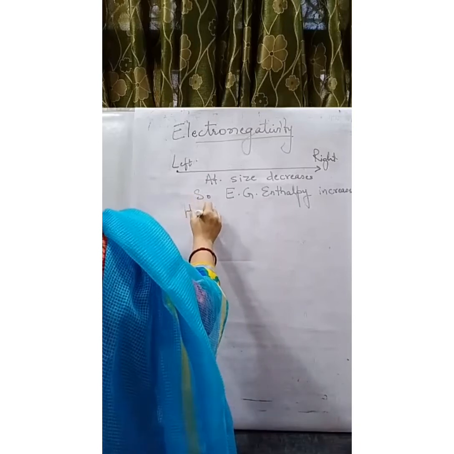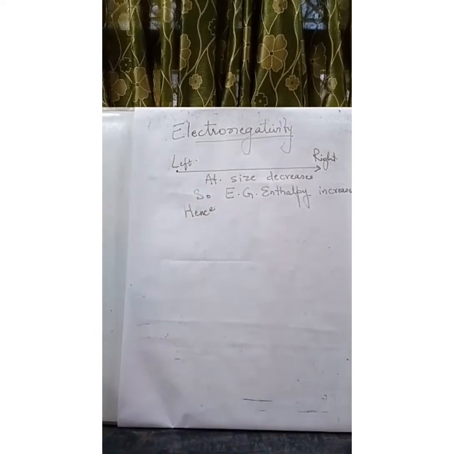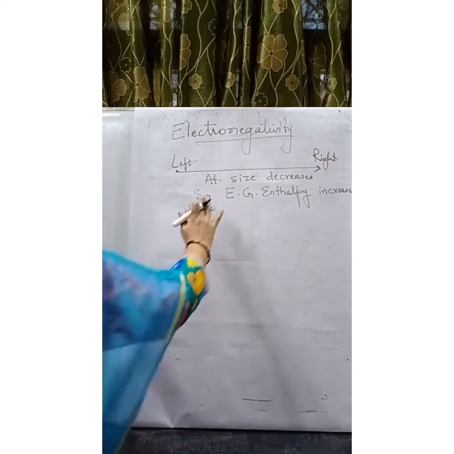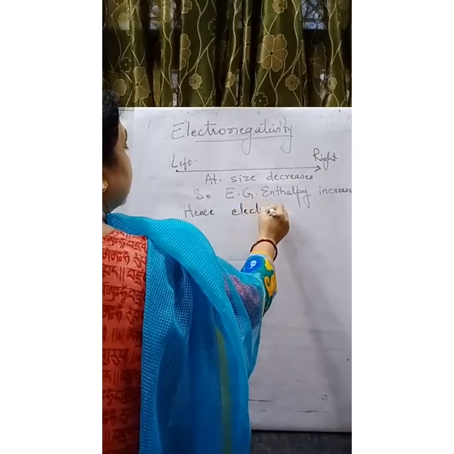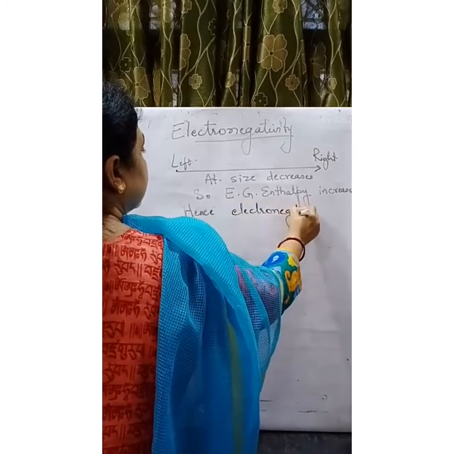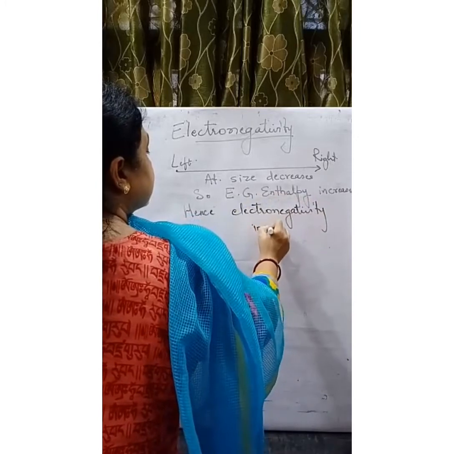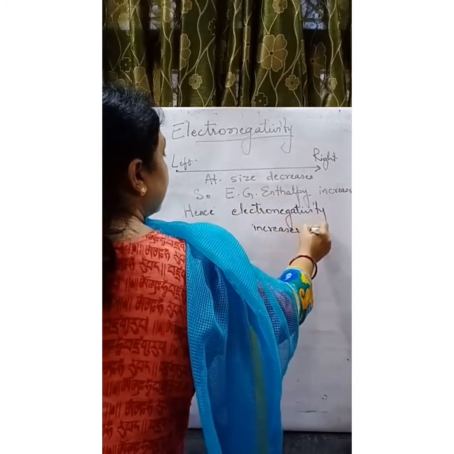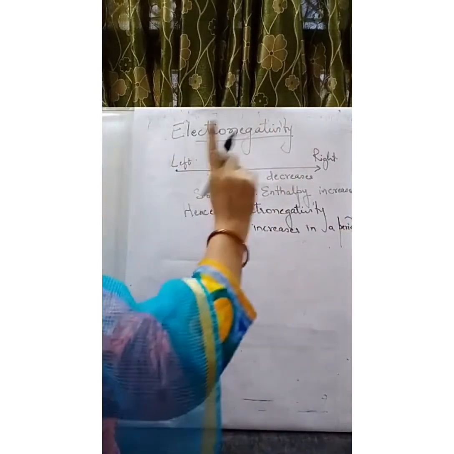Hence we can say electronegativity increases in a period. Halogens are highly electronegative in nature.